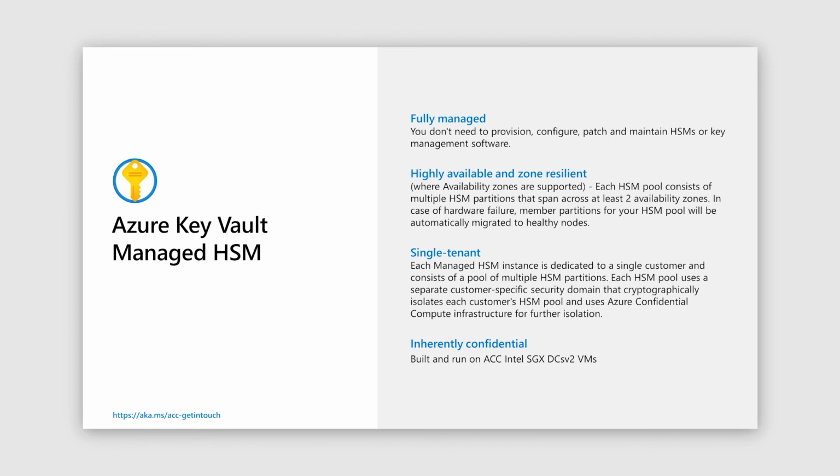The other important thing here that we do want to call out as the move to the Azure Confidential Cloud is that the AKV Managed HSM service itself is built and run on the ACC Intel SGX DCsv2 VMs. And last but not least, we want to talk about the Microsoft Azure Confidential Ledger.